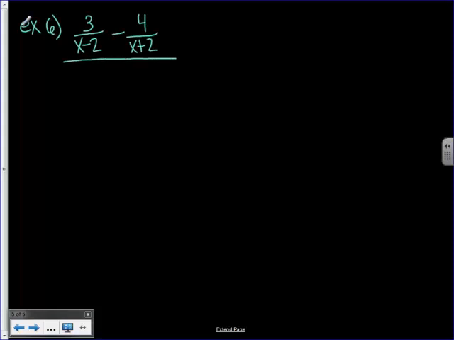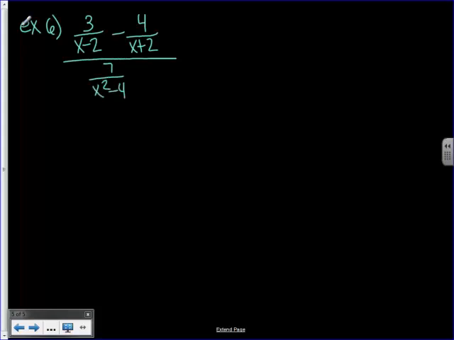Okay. Last example, more complex fractions. All right, I have 3 over x minus 2 minus 4 over x plus 2 all over 7 over x squared minus 4.